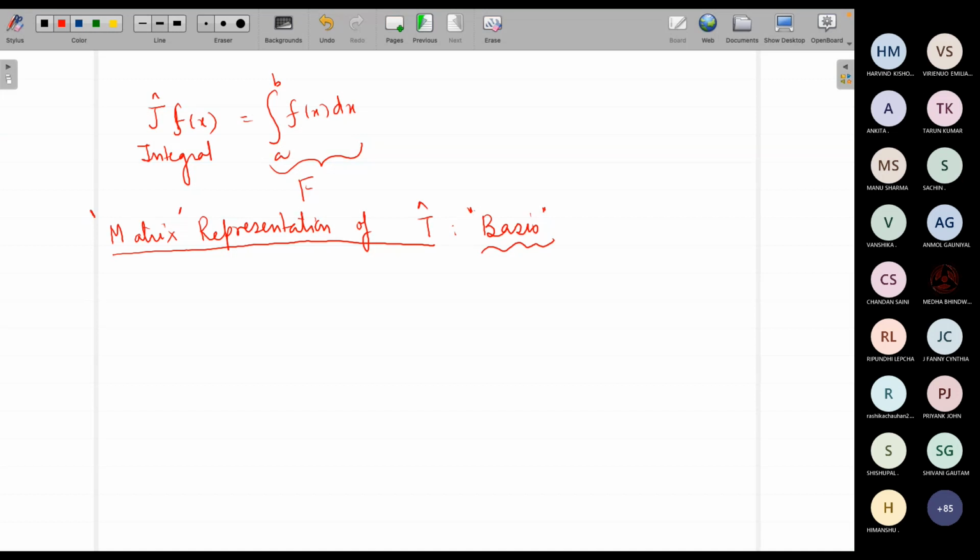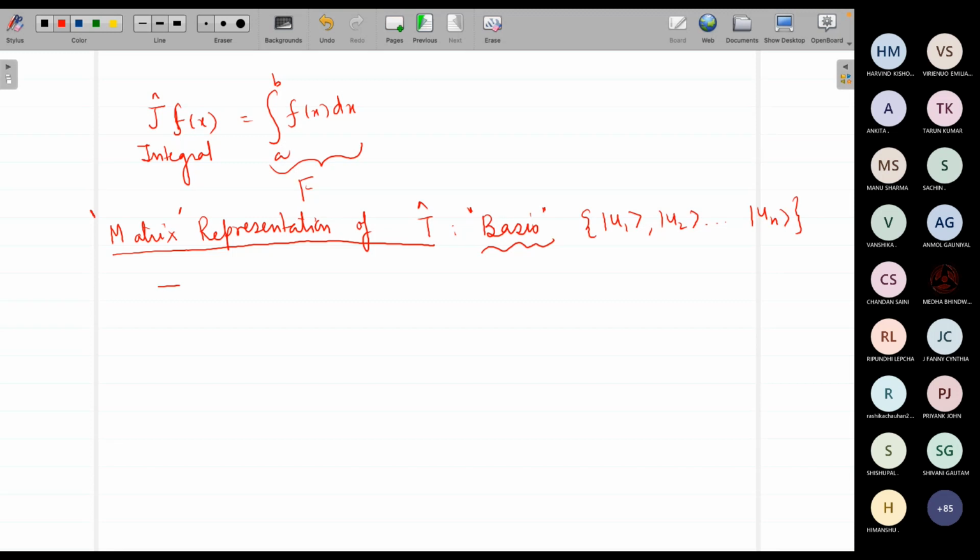Matrix representation will always come with respect to a fixed basis. Rotation in 3 dimensions is just one operation which is allowed as a linear operation. That's absolutely allowed. But for matrix representation, I am telling you that the basis has to come to mind. With respect to a fixed basis, you can define your vector by its components. So the first thing which has to come to mind is this.